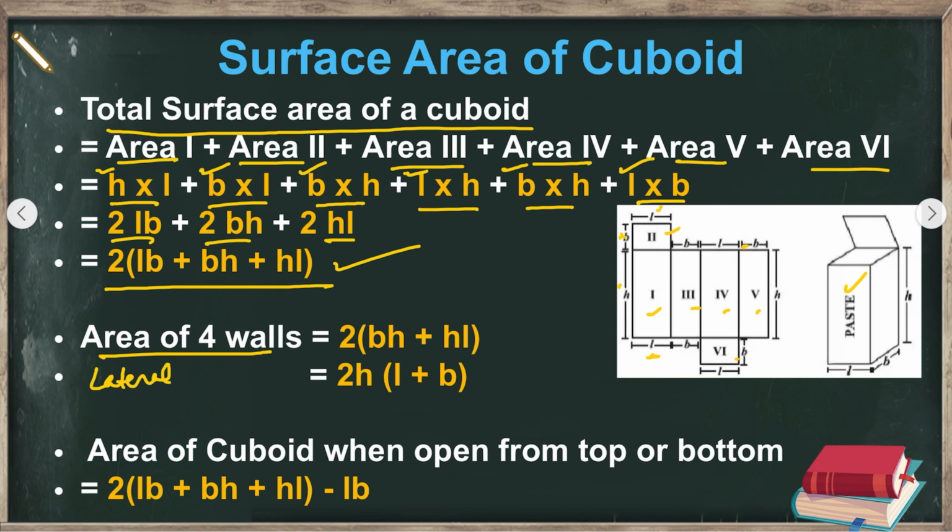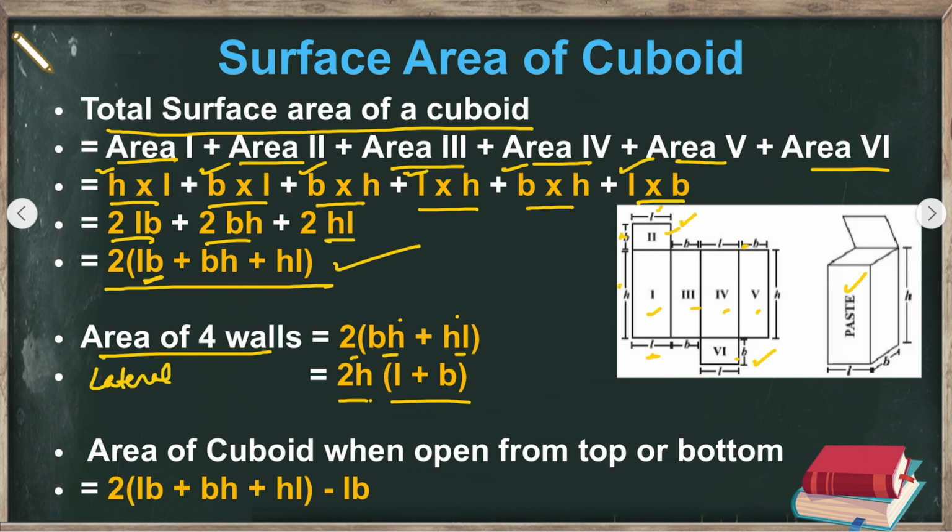If we remove the top and the bottom, the measurement of the top face is b into l, and similarly the bottom is b into l. That means twice of bl will be eliminated, so we get twice of (bh plus hl). Since h is common, we take h outside, so we get the formula 2h into (l plus b).